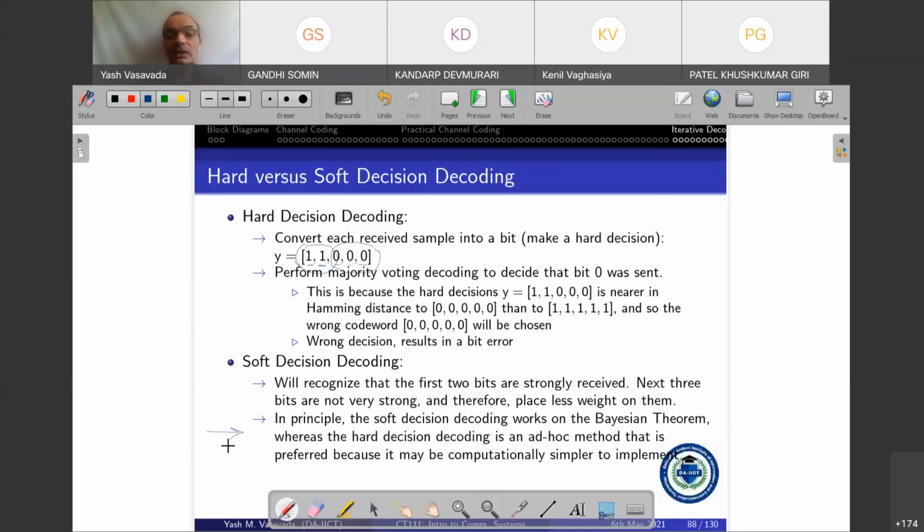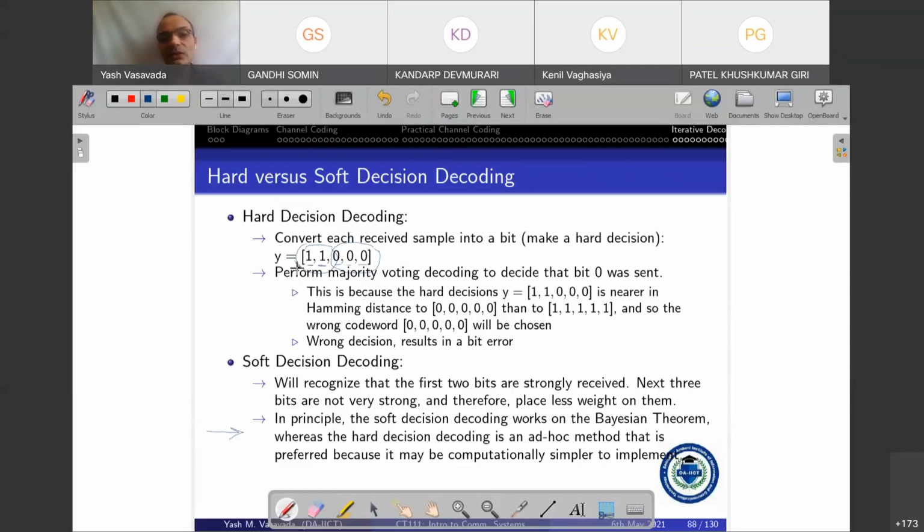So soft decision decoding is going to be better than hard decision decoding, and it is going to give you an implementation of the Bayesian algorithm. When you do soft decision decoding, on those edges of the Tanner graph, instead of passing ones and zeros, you would be passing the likelihood ratios, which are nothing but your beliefs about what the values are.